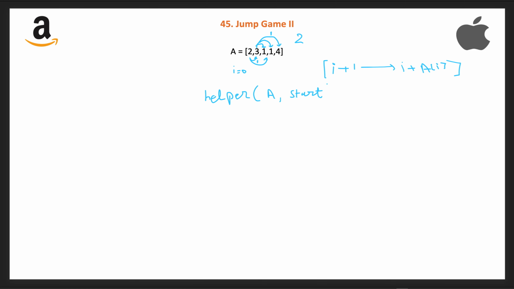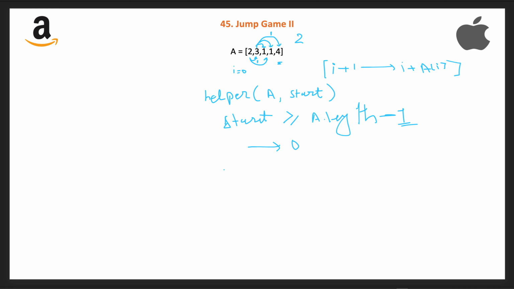Now the base case: if our start, the index we are processing, is greater than or equal to A.length minus 1, which means we have reached the place we wanted to reach, we return 0.